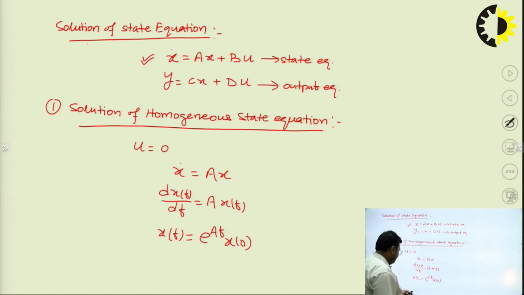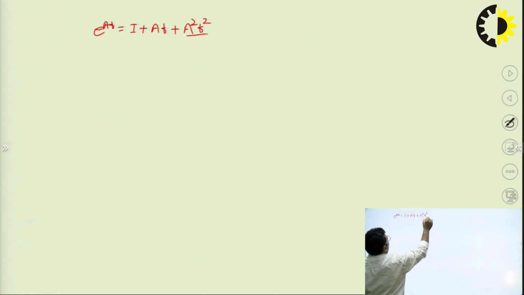Here e to the power At is the exponential term, and we can write it as e to the power At is equal to I plus At plus A square t square divided by factorial 2 and so on up to infinity. This is the expansion of e to the power At.